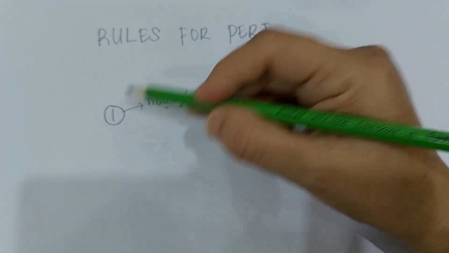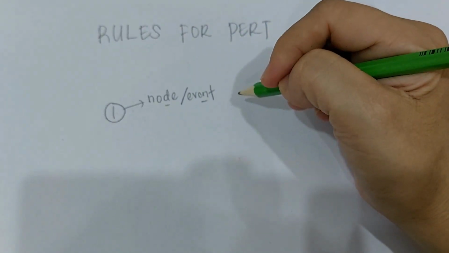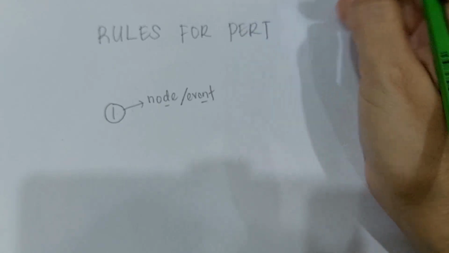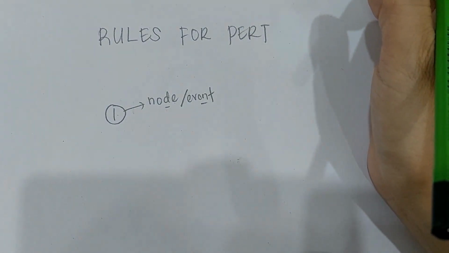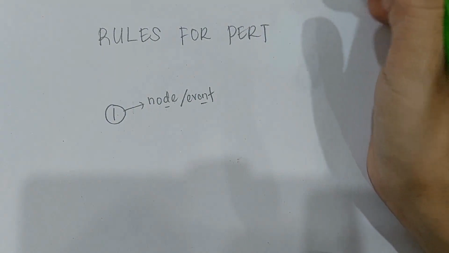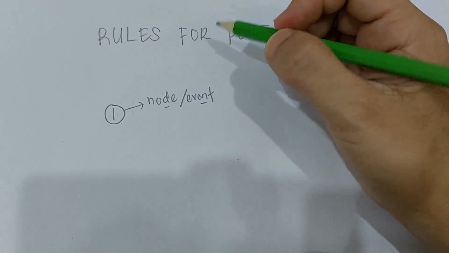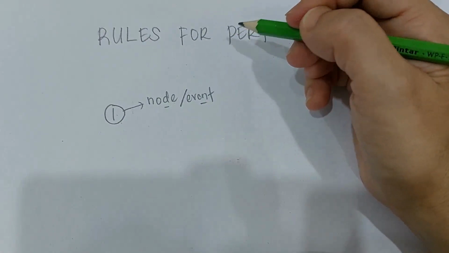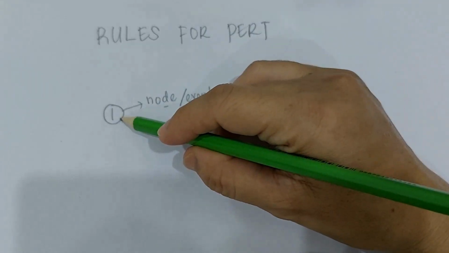This node or event shows a sequence of operation. The order for carrying out the tasks to complete the project, we will look at in the form of a number. Number 1 means sequence number 1, then number 2, 3, 4 show the second sequence, third sequence, and so on.